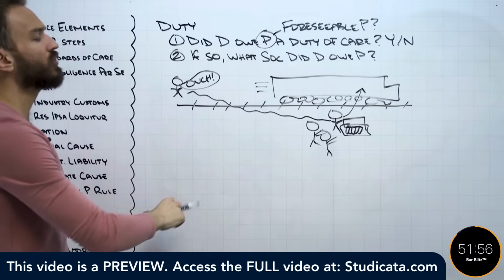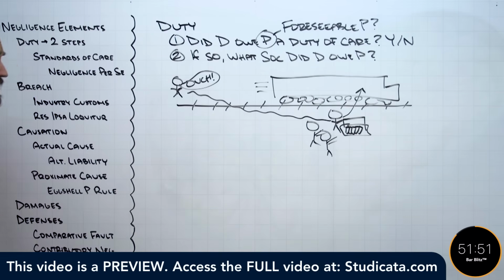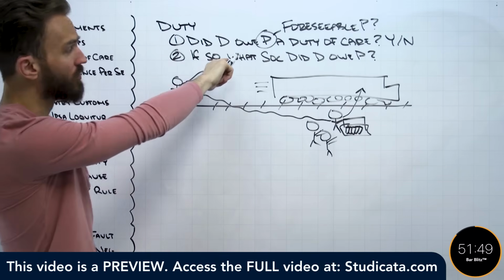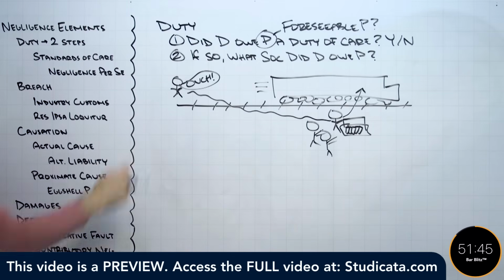She wants to sue Long Island Railroad for negligence. And the first question is, well, did Long Island Railroad owe Miss Palsgraf a duty of care? Well, was Miss Palsgraf a foreseeable plaintiff?